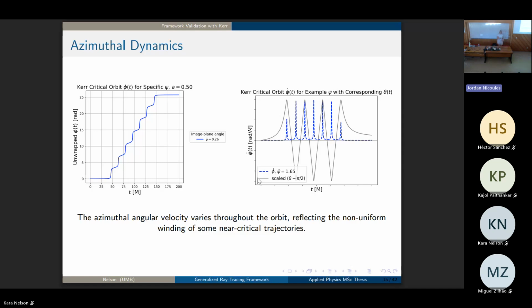Our theory is that as the photon is bouncing between the North and the South Pole, the azimuthal speed is changing. So it's not a constant velocity, which is interesting, and I don't know if people have really looked into this too much. It's basically speeding up and slowing down.